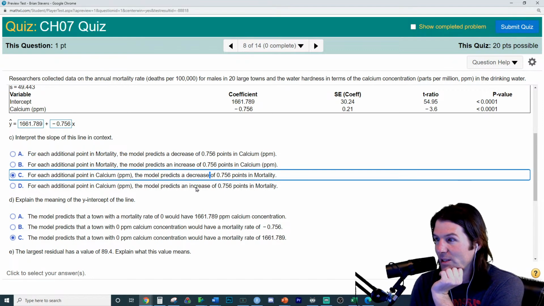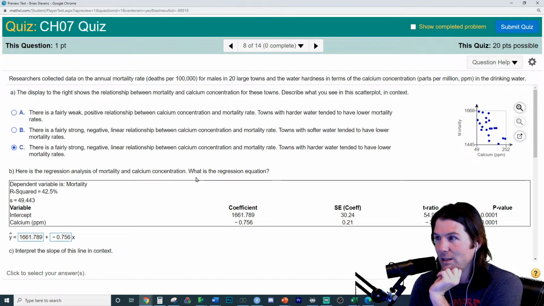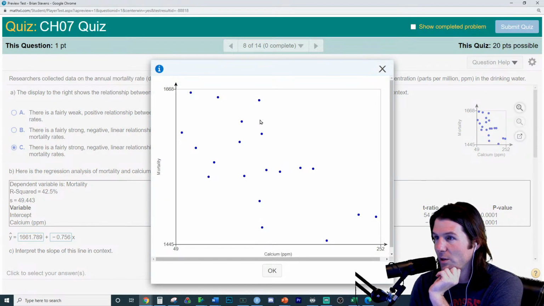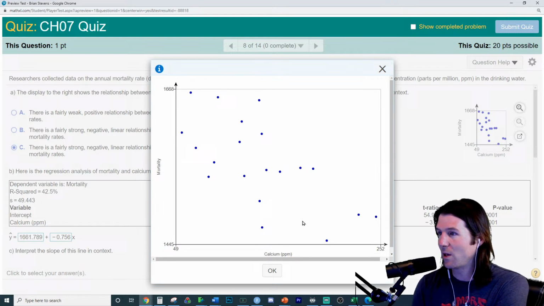It's so easy to make mistakes. And I probably said increase anyways. This model's got a negative slope. I got that one wrong because I misread it. It's very easy to make a small error on these. The slope is negative, so when you look right here, the slope is negative.